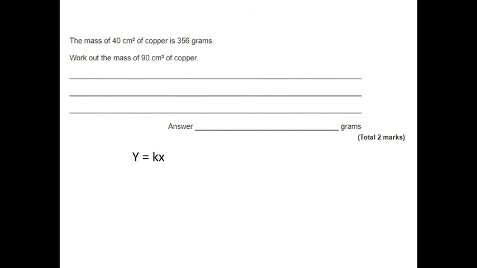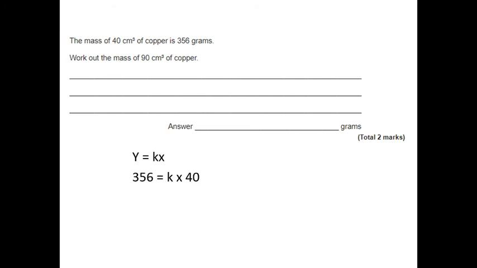It is really important you get the y and the x the right way round, and the clue is in the question. So if it is 356, that means the 356 has to be the subject of the equation, and that's the part of the equation that's on its own, so the y. So then y becomes 356 and 40 becomes x.